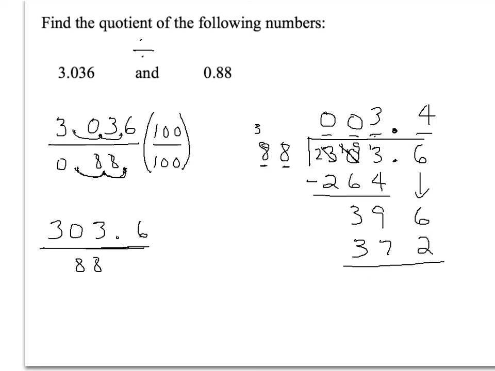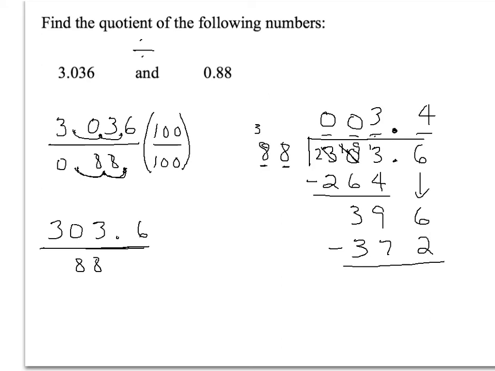Okay. And now I subtract. And oops, I made a boo-boo. And let's see, 4 times 8, that's 32, plus 3 is 35. Silly mistake.